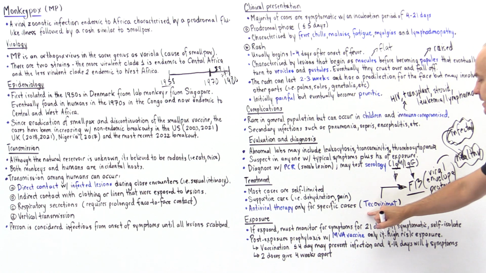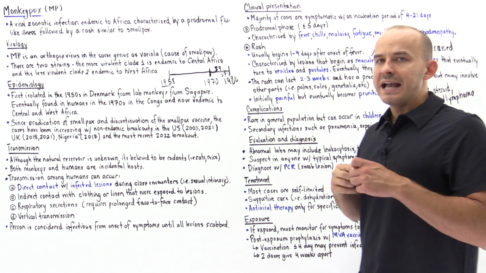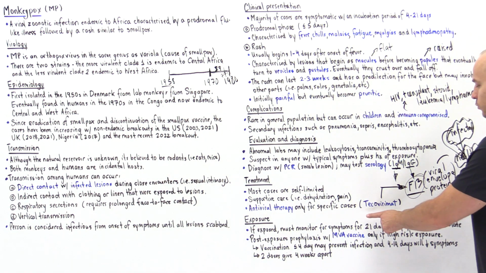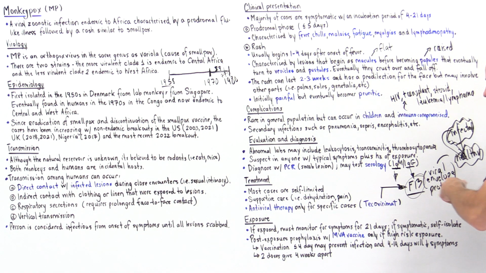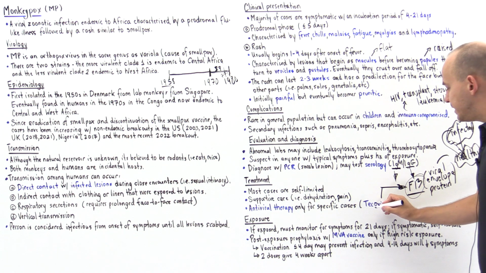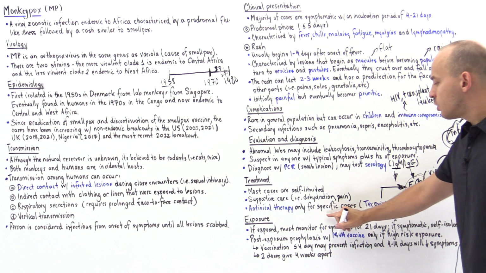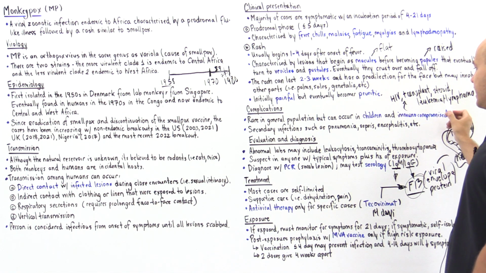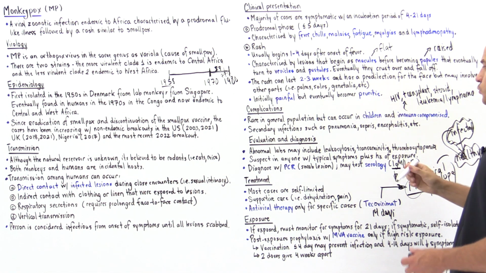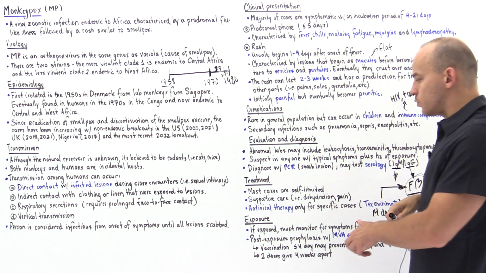And so what this antiviral does is it blocks this protein, and so ultimately blocks the infected cell from infecting other nearby healthy cells. So generally, this is a weight-based antiviral agent, and we give this for 14 days. And we give it only in specific cases, generally in the immunocompromised, in children, and in pregnant individuals.